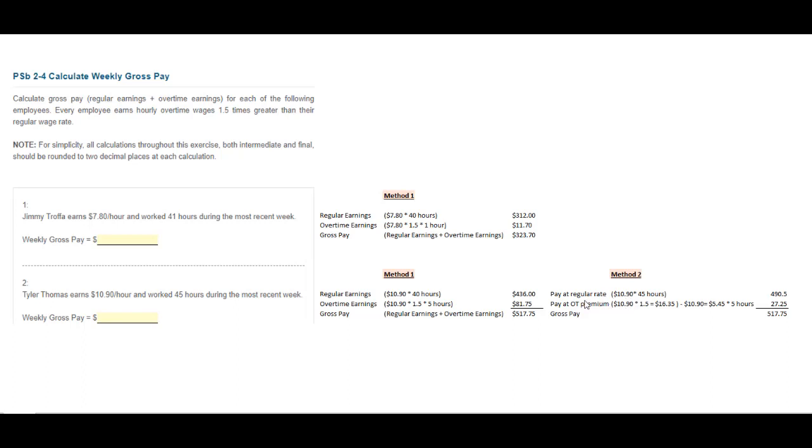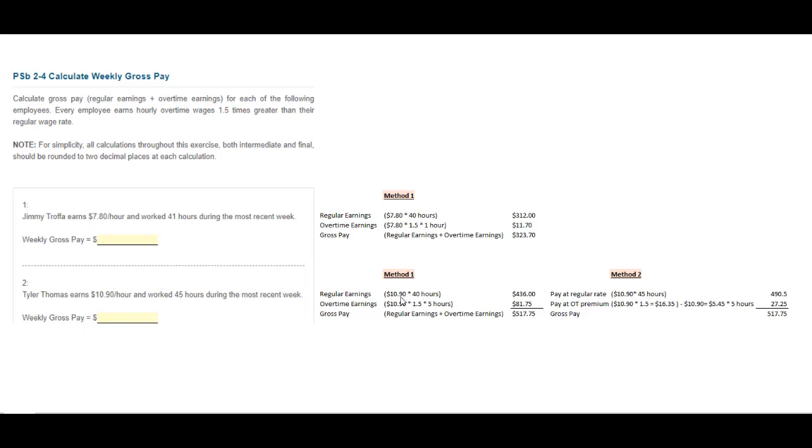So what we do in this method 2 is pay at the regular rate. What is the regular rate? That's $10.90. And a total number of hours worked of 45 hours. Again, this is the total number of hours.